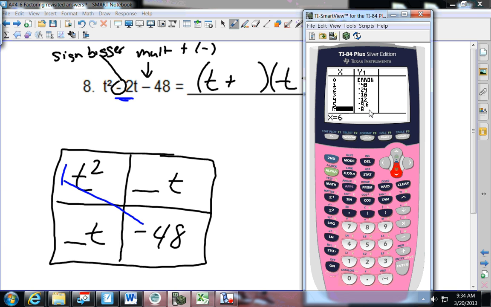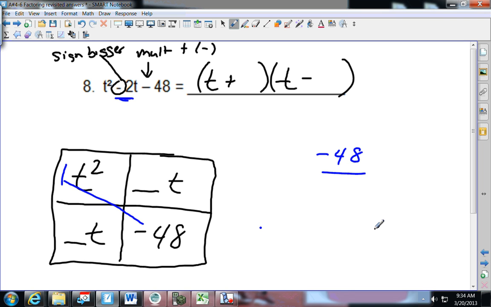Right here, ding, ding, ding, ding, winner, winner, chicken dinner. 6 plus negative 8 gives me negative 2. So I know that it's 6 and a negative 8.